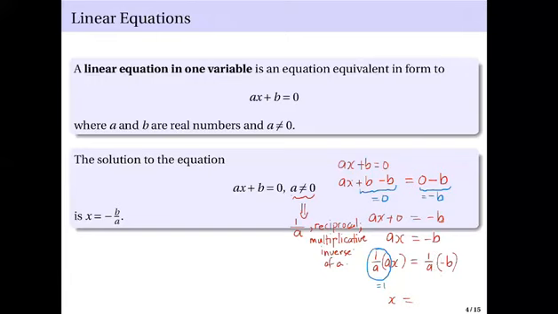In the previous slide, the division is defined as multiplication of something like this. So the right-hand side becomes negative b over a. So again, this is the step-by-step process in solving the equation ax plus b equal to 0 to get x equals negative b over a.